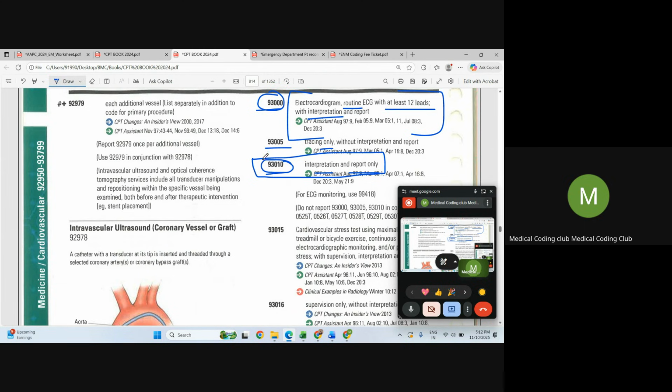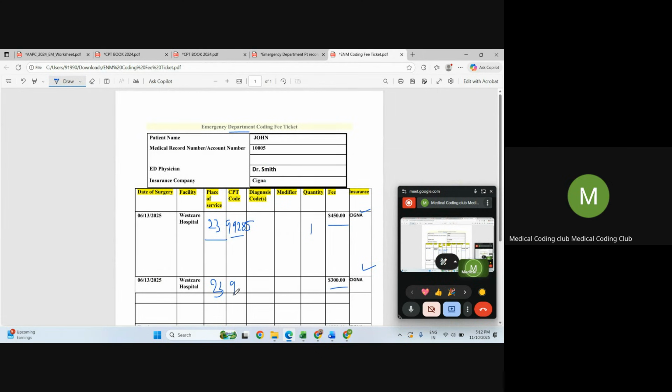We can't bill both now because I am billing for the ED physician. So I am going to report 93010 for whatever ECG work he has done for the particular patient. So my second procedure would be 93010.